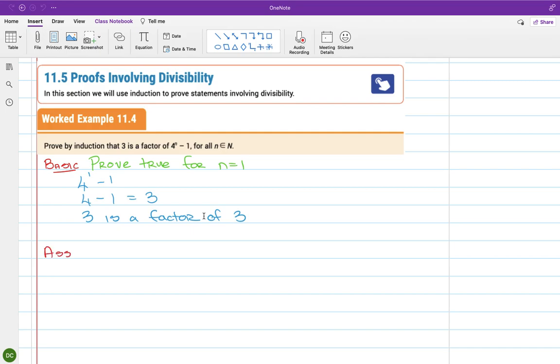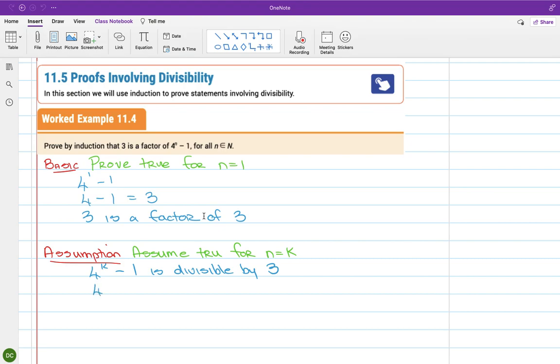So then the next step is the assumption. So the assumption is to assume the statement is true for n equal to k. So that becomes 4 to the k minus 1 is divisible by 3, or 3 is a factor of it.